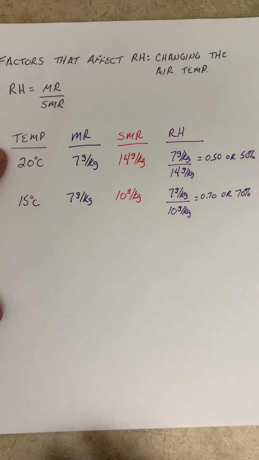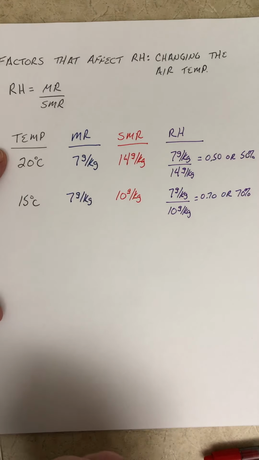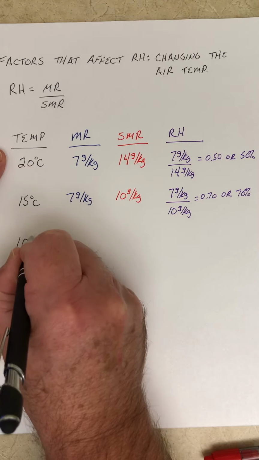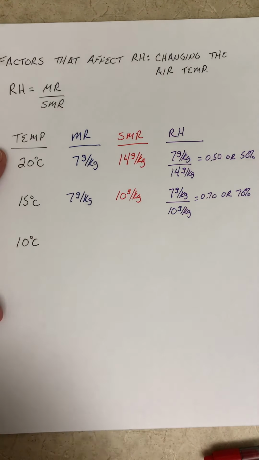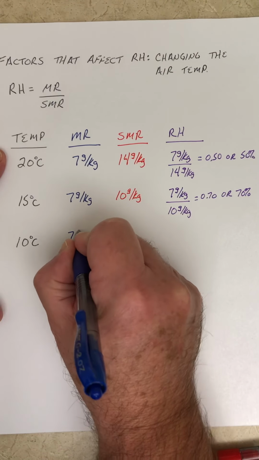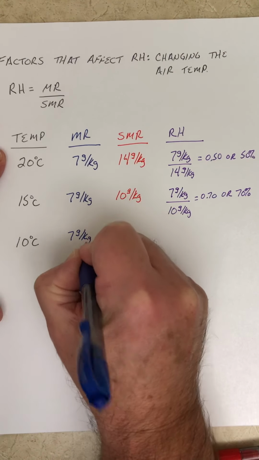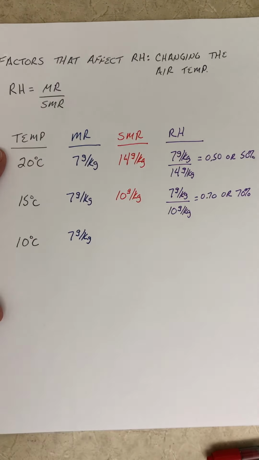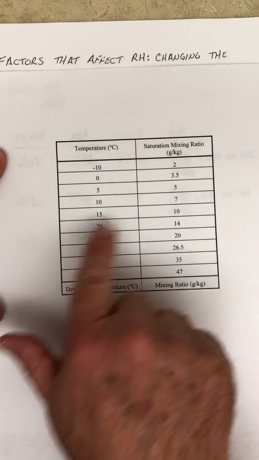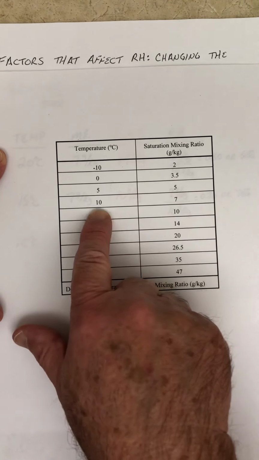So all is well and good. I hope you're following along just fine. Now let's decrease the temperature of the air by another 5 degrees Celsius. Our air temperature falls to 10 degrees C. We again hold constant the amount of water vapor actually in the air, 7 grams per kilogram. Air temperature is decreasing, so our saturation mixing ratio should be decreasing.